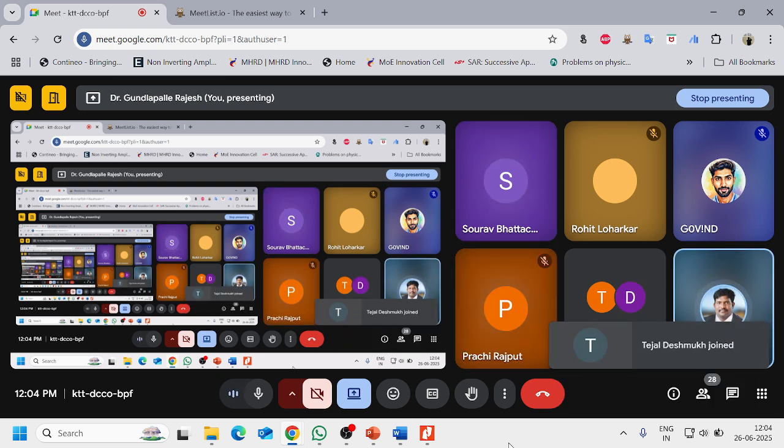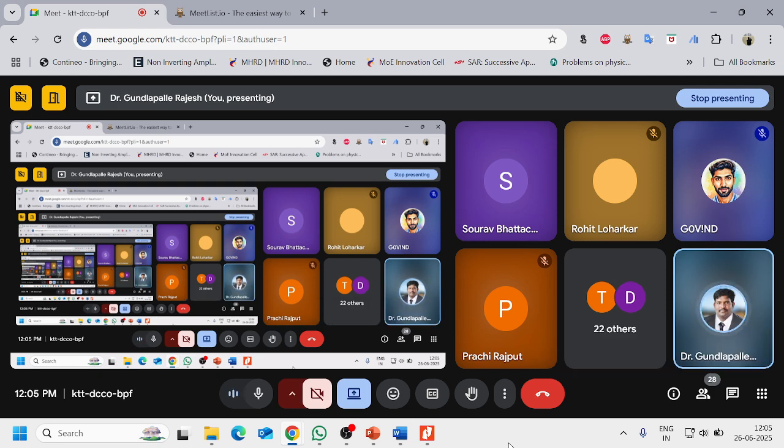If you are good at 8051 programming or ARM programming, you can start working on Arduino projects itself. You can take Arduino boards and start working on them, and Raspberry Pi to some extent, and ESP32.